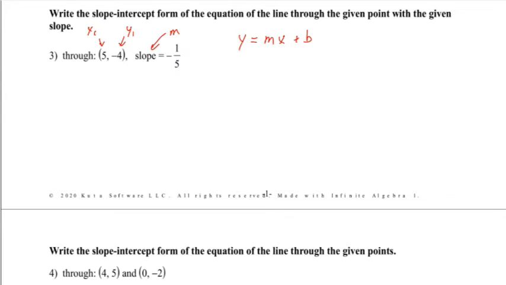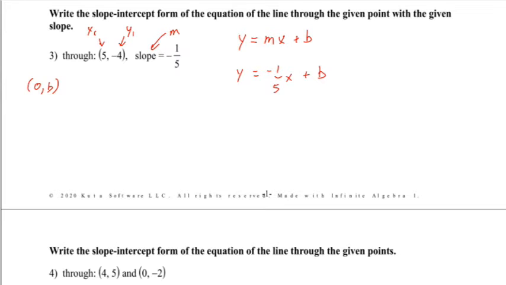We can drop our slope in there directly, and we have y is equal to -1/5 x plus b.